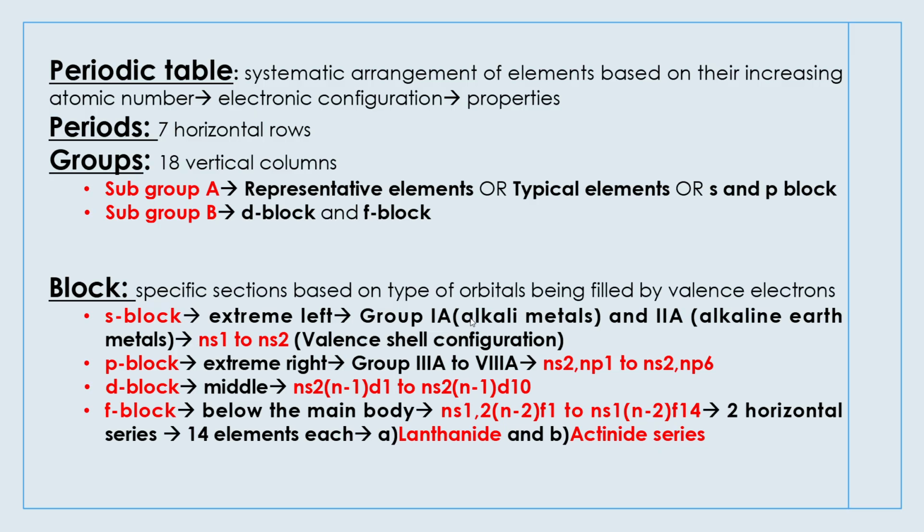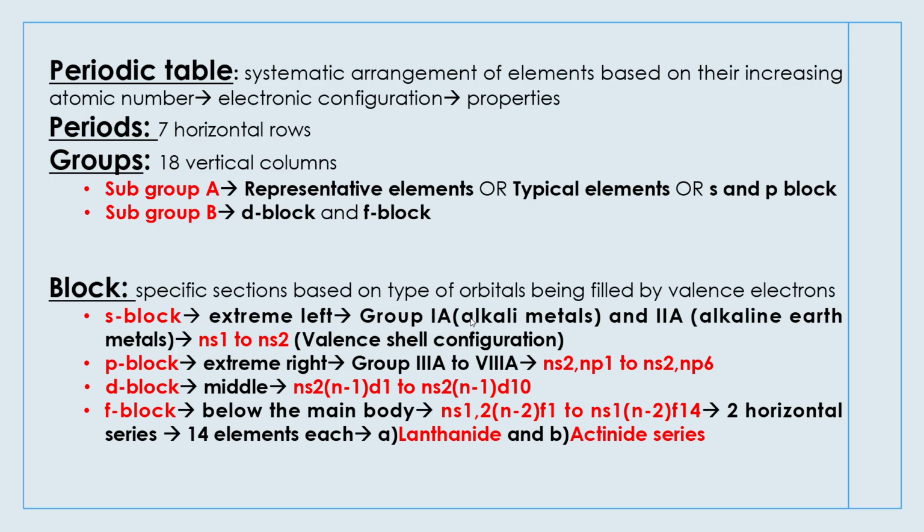So the periodic table is the systematic arrangement. It has 7 horizontal rows and 18 vertical columns, which are the groups. Groups are further divided into subgroup A and subgroup B. We have 4 blocks in the periodic table, which show the location of the valence electron in the orbital. We have S, P, D and F orbital.